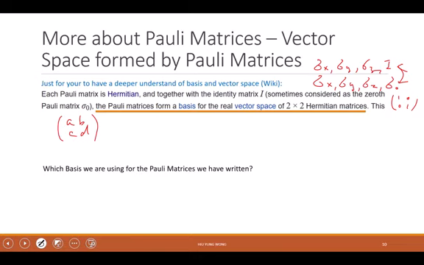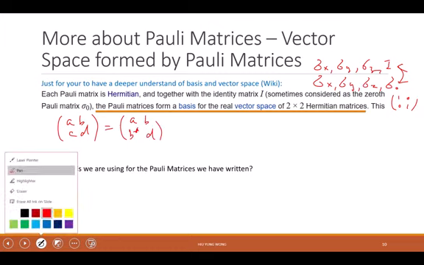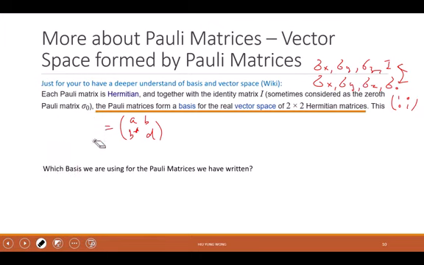Later you will realize that it is just like saying that a matrix with entries a, b, b star, d, all the matrices have this form, okay? You will learn that later. Any 2 by 2 Hermitian matrix can be represented by a, b, b star, and d. So you have 3 numbers.